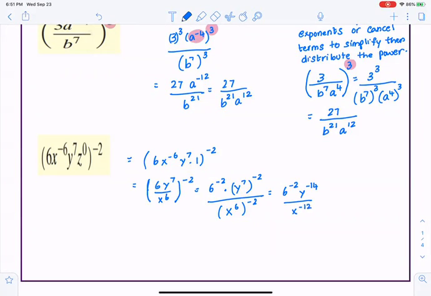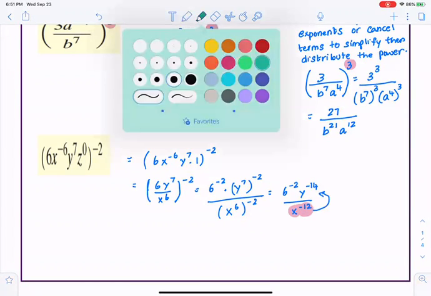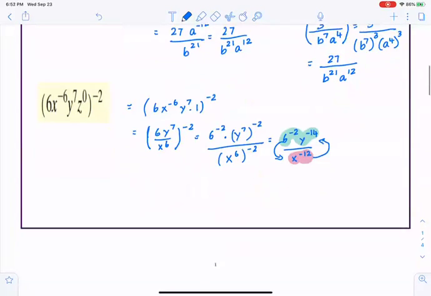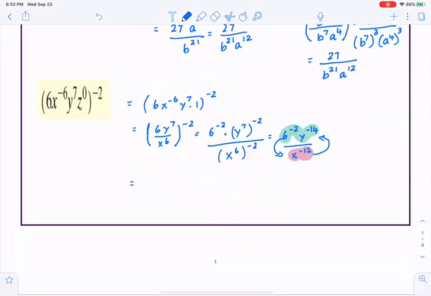So I have to move the x raised negative 12 to the numerator, and I have to move that entire term to the denominator to get positive exponents. So I would have x raised positive 12 divided by 6 raised 2 multiplied by y raised 14. So x raised 12, 6 squared is 36, y raised 14. And that would be the answer.